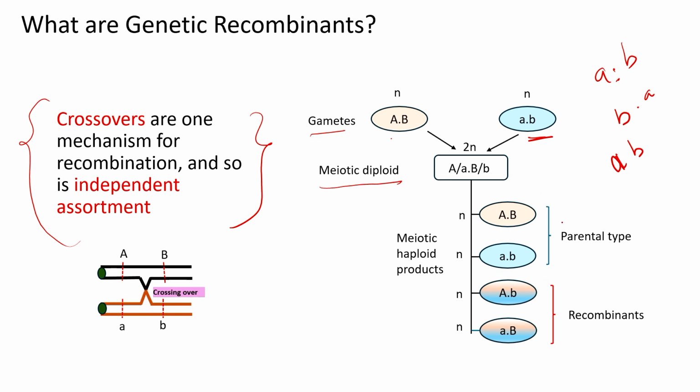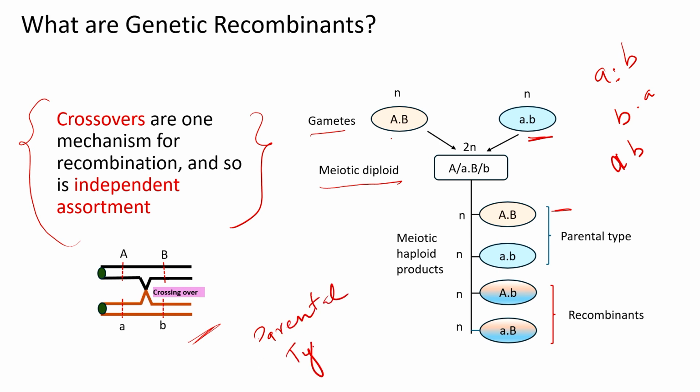So what combinations are we going to get? You see, because of this crossing over, what combinations are we going to get? One is AB. Now I want you to pay attention to this one concept, which I am going to repeat in this class over and over again. What are parental types?